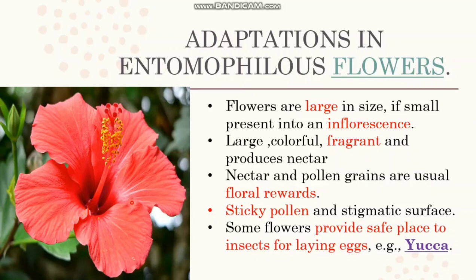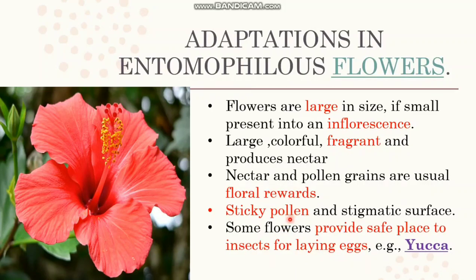So their beautiful color attracts the insects. They are fragrant, they produce very good fragrance and nectar. Some of the flowers also produce edible pollen grains. So nectar and pollen grains are the usual floral rewards which they provide to visiting insects.